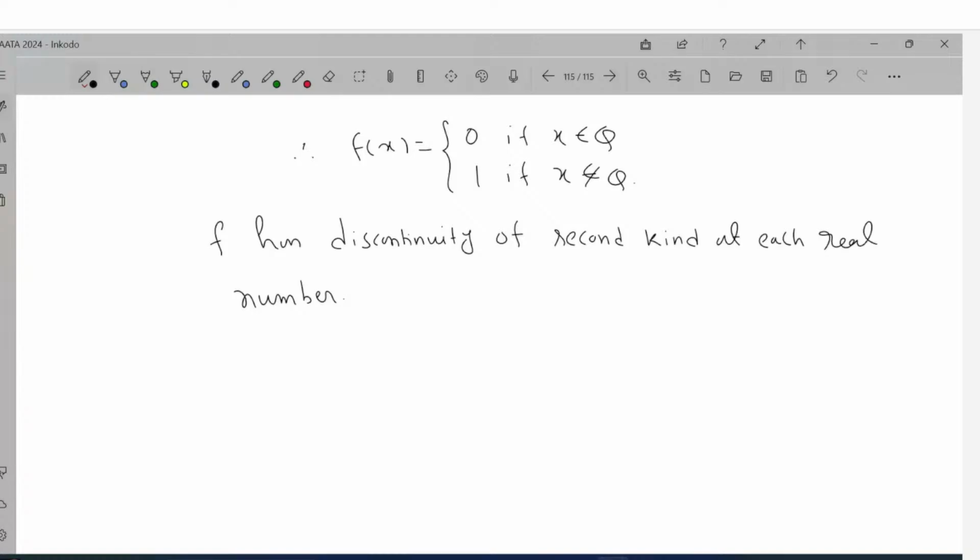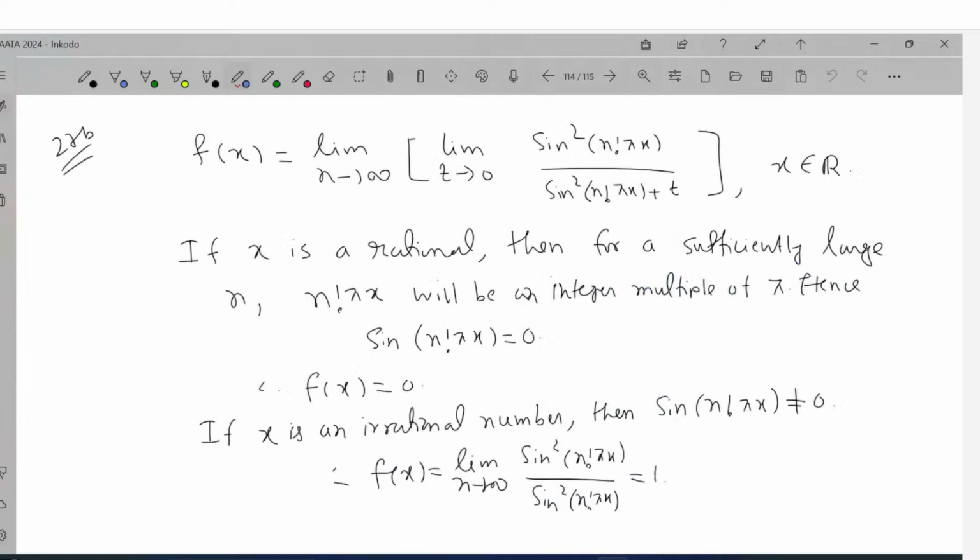Second kind is fine, but more specifically, oscillatory, finite oscillatory. Is it fine?